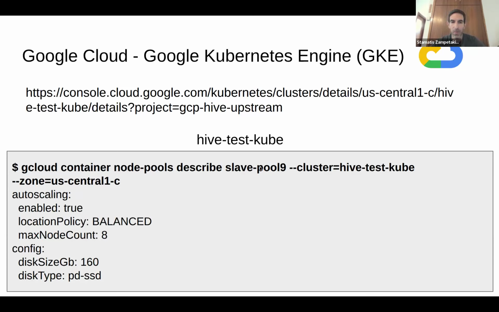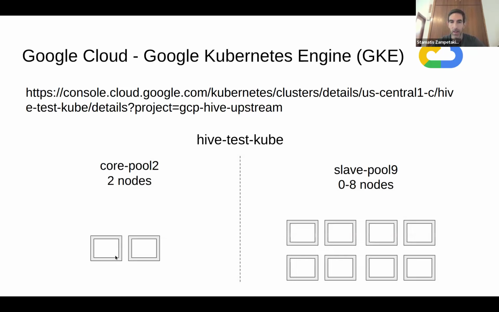For the slave pool, auto-scaling is enabled, and we can have up to 8 nodes here. And here the disk size is 160 gigabytes.